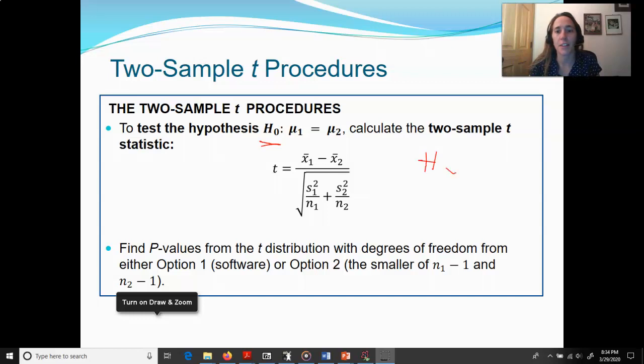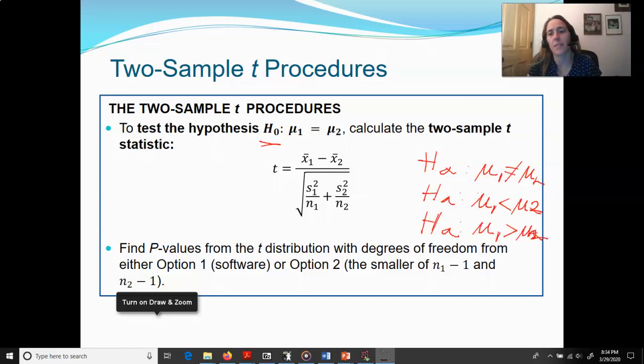The three alternatives are: mu1 is not equal to mu2. Remember, this is 2 times your p-value, whatever you find in that table. You have to go down to the two-sided hypothesis, and then you've got that one of the treatments is less than the other, less effective perhaps, or the first treatment is greater and more effective than the other treatment.